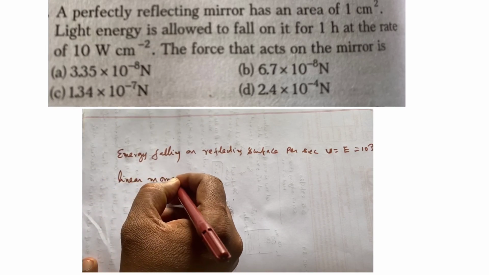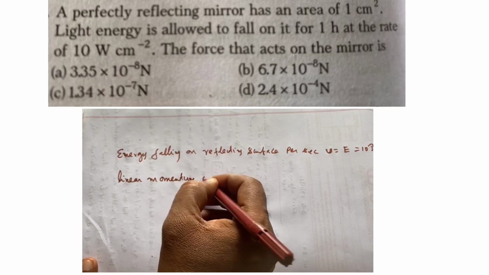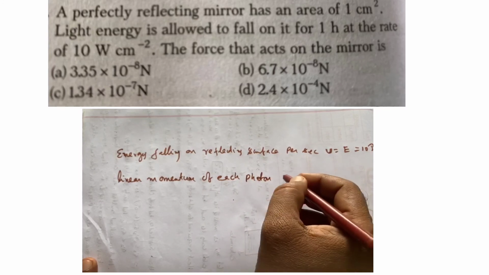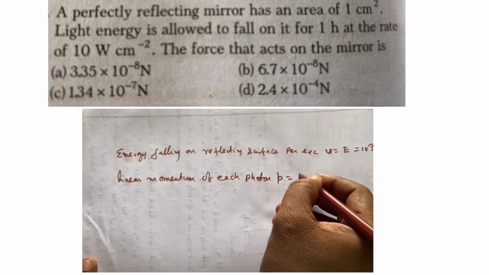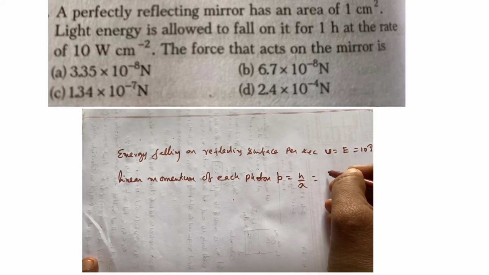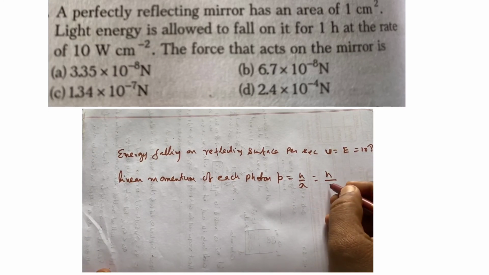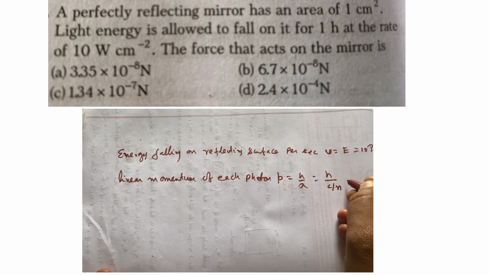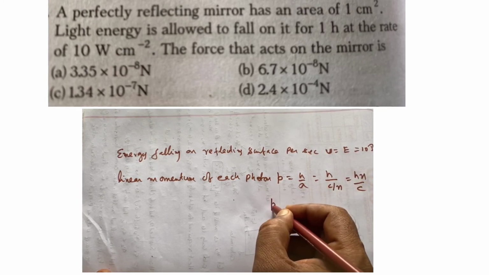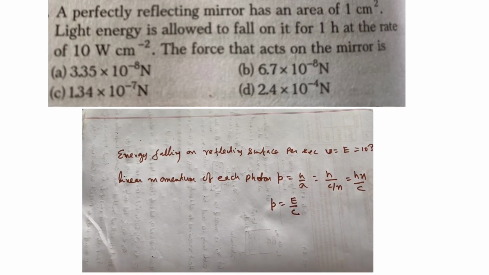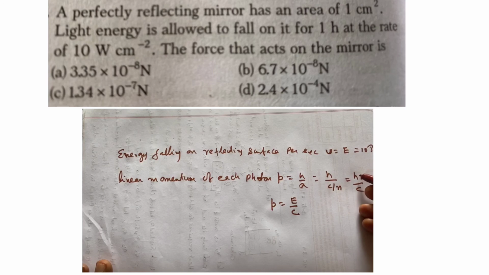Linear momentum of each photon, small p equals h by lambda. h by lambda equals h nu by c, so p equals E by c, where E equals h nu.